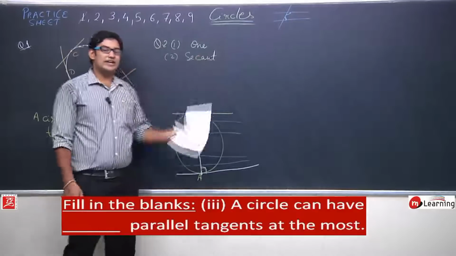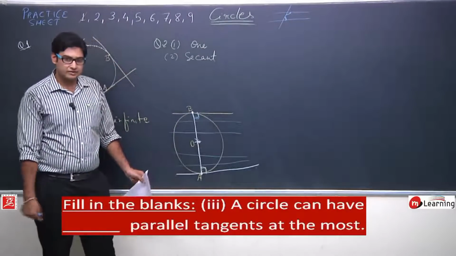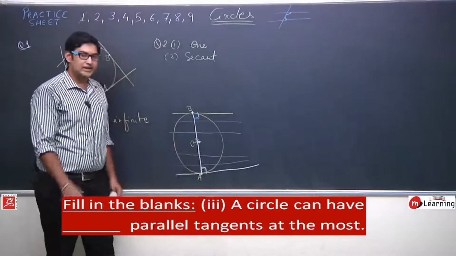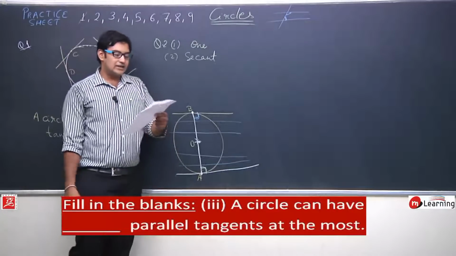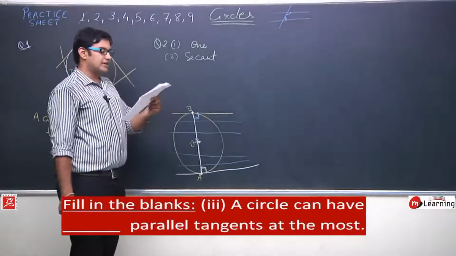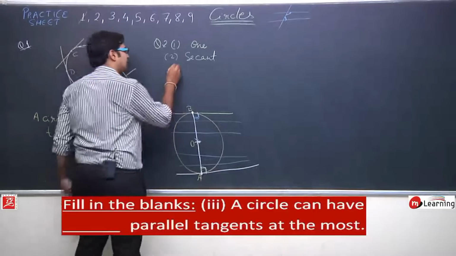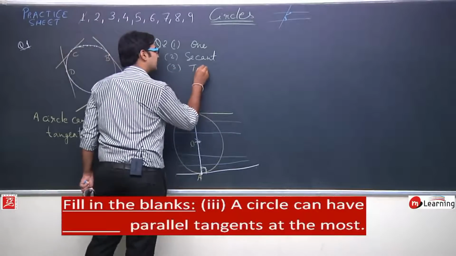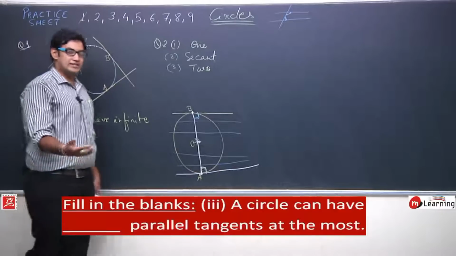The sum of interior angles of two parallel lines and the transversal is equal to 180 degrees. It can happen only once. So the question says a line intersecting a circle can have dash parallel tangents at the most. The answer is that a circle can have two parallel tangents at most. Maximum it can have two parallel tangents.